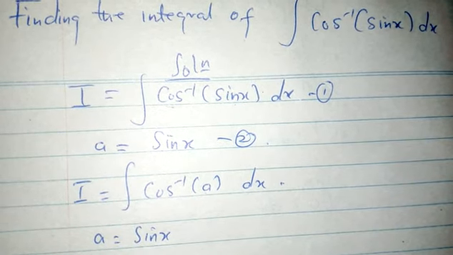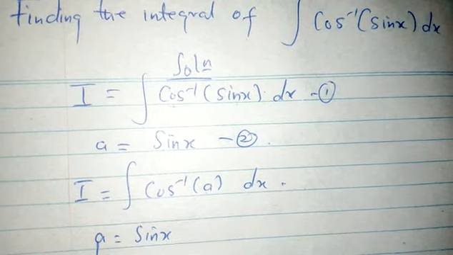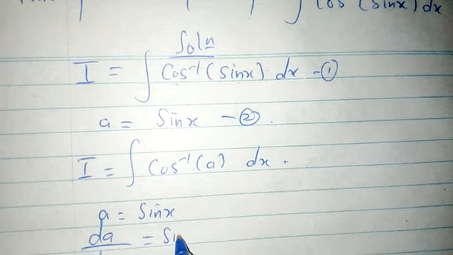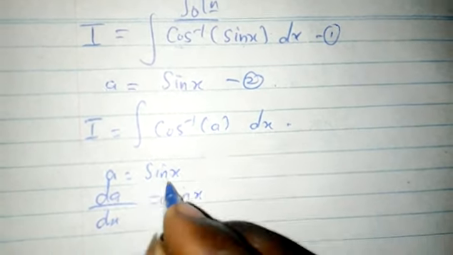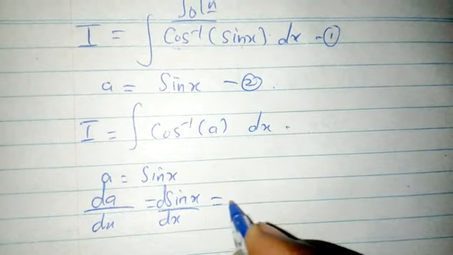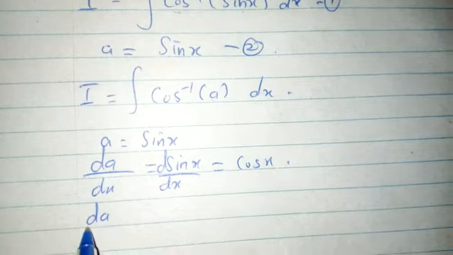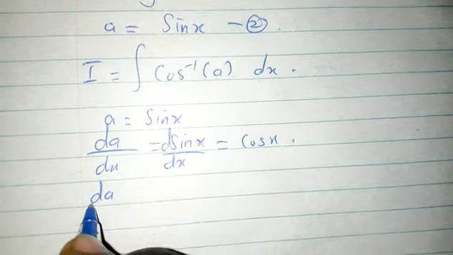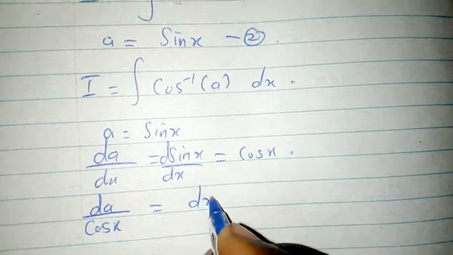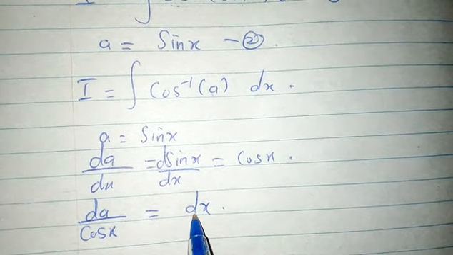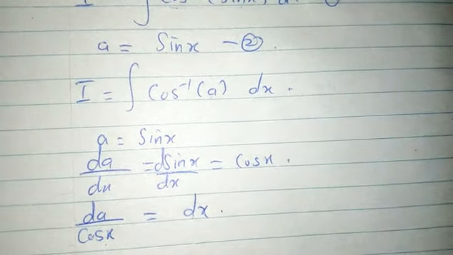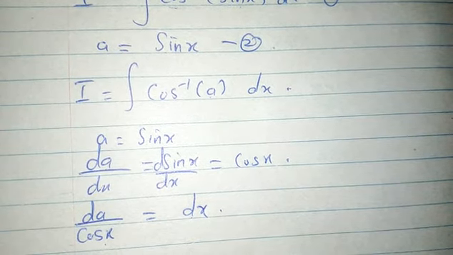Differentiating this, we get da over dx is equal to cos of x. So da over cos of x is going to be equal to dx. So in place of our dx here, we are going to put da over cos x.